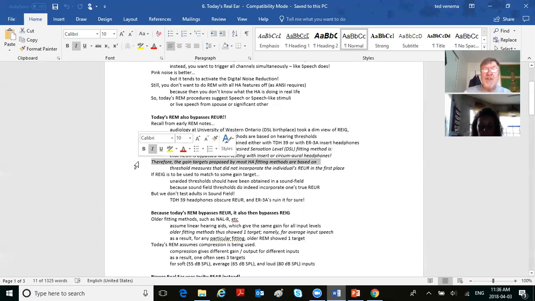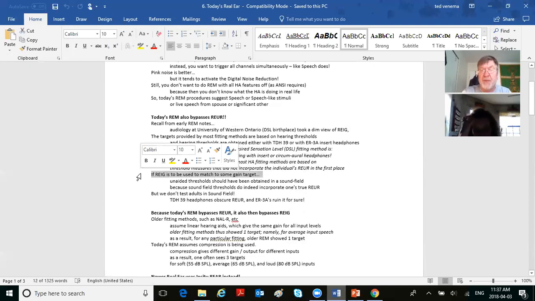So the gain targets proposed by most older fitting methods were based on threshold measures that didn't incorporate REUR in the first place. And so they said if our real ear insertion gain is to be used to match some gain target of a fitting method, then you should have obtained your unaided hearing thresholds in a sound field.